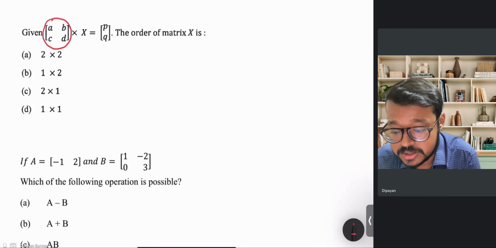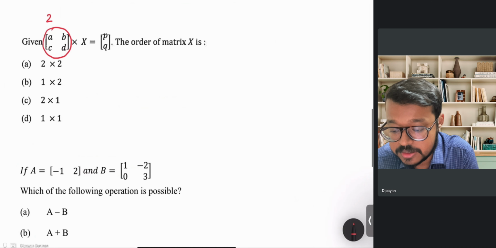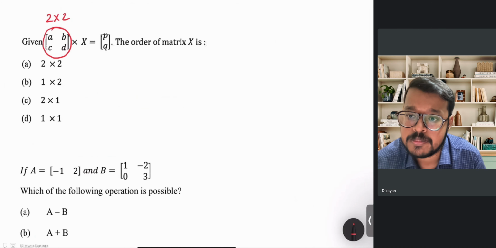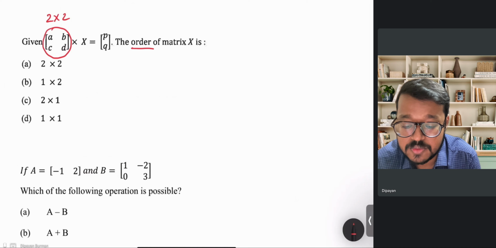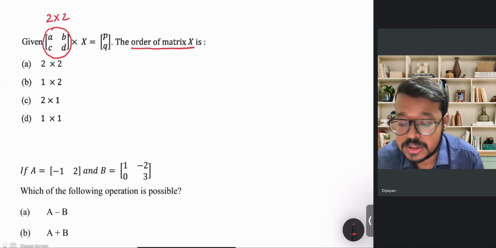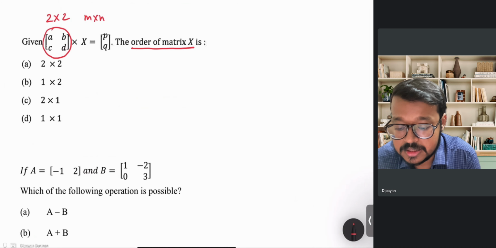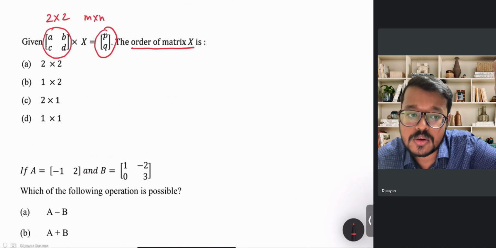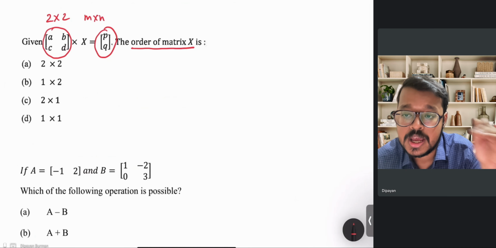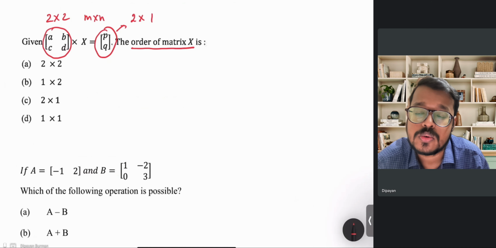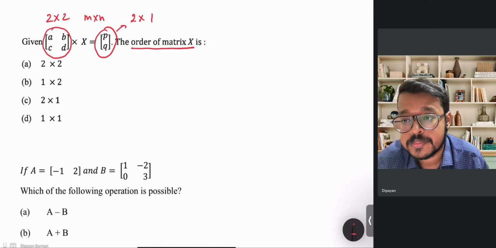So the first matrix has an order of 2 by 2, and matrix X is some matrix we don't know, and they're asking what is the order of matrix X. So let's say that matrix X has order m by n, m rows and n columns, and the resulting matrix is a column matrix. There's a single column and there are 2 rows. So this matrix has order 2 by 1.